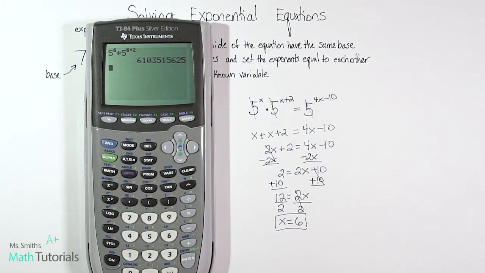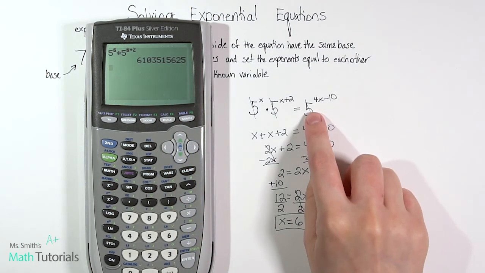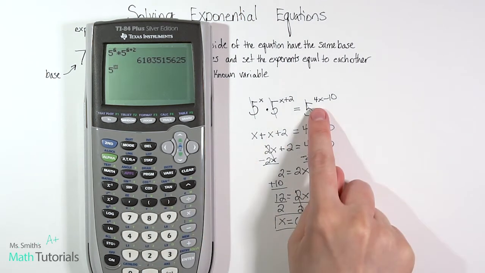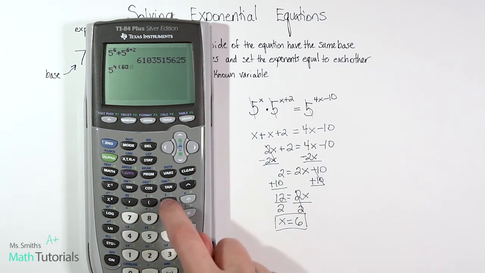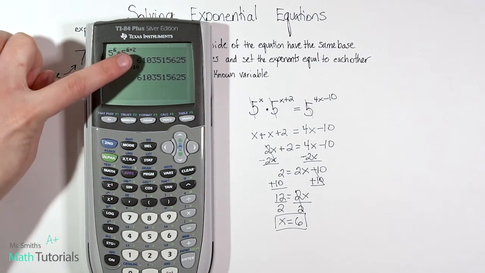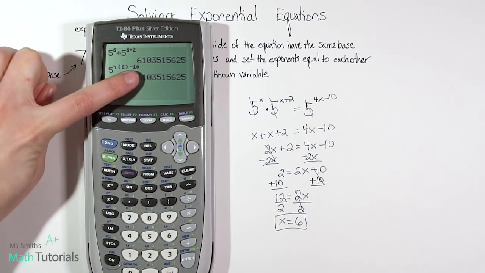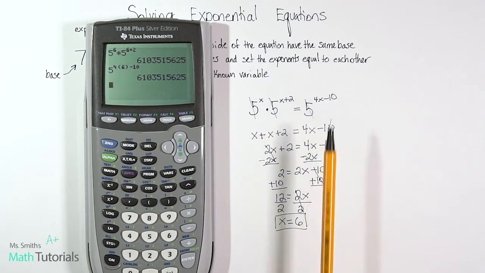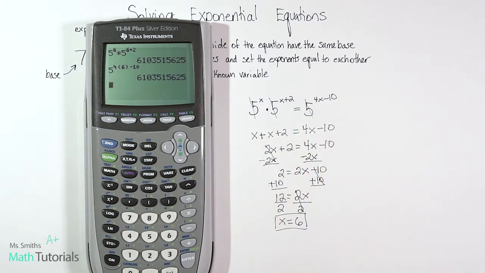When I hit enter, I get this long number. That's okay. When I do this side, I should get the same number. I should get a matching answer. So we're going to do 5 to the power of 4 times 6 minus 10. And look at that. Even though it's this long answer, that's okay. I got the same one each time, which means this is a true statement. This now equals this if I'm putting in 6 for x.